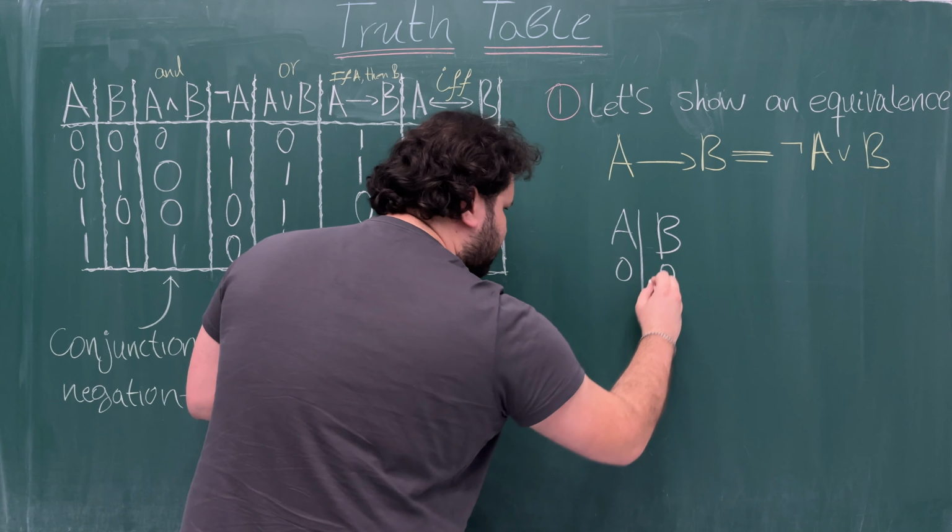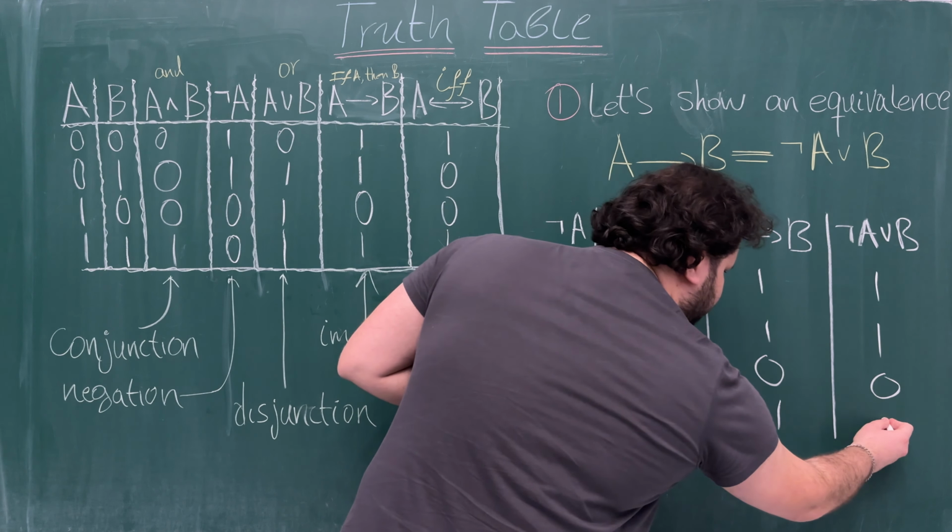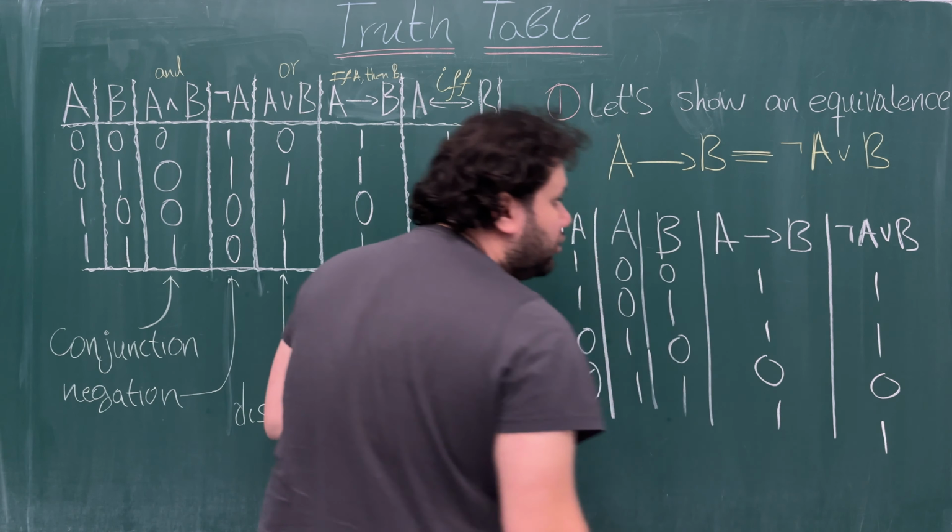And the only case when the logical connector, the disjunction, is going to be false is when both of them are false. That's what we have in here. False, false. So this is false. And the last one, false and true. This is going to be true. Look, we did it.